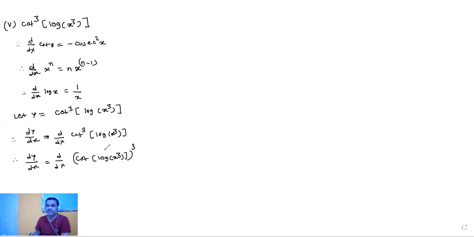Now definitely these sums look familiar, of the type f of x raised to n. So the derivative of it would be this formula where x will be replaced by f of x, and we will take the derivative of f of x any further. Let's move ahead with the sum here. So first of all we will take derivative of this x raised to n type, and we will say that that is 3 cot of log of x cube raised to 2.